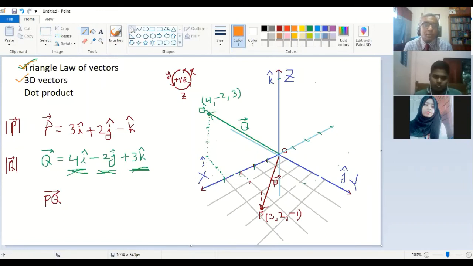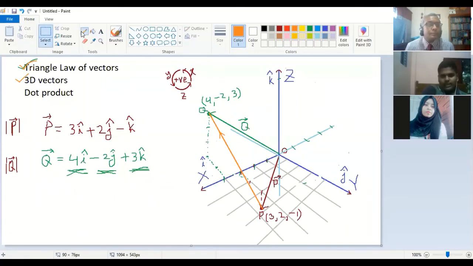I am talking about P to Q, that line, P to Q line. And I am giving you the direction P to Q, this direction. So what will be the answer for PQ? Who can say? Who can work it out?